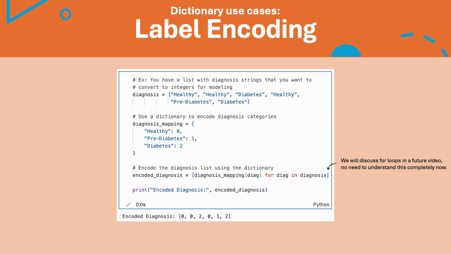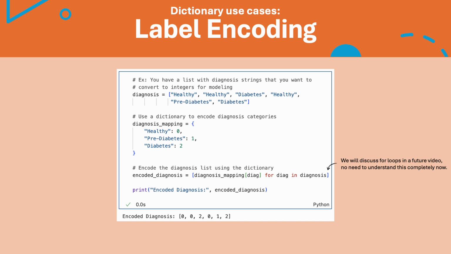So as an example here, we have whether or not somebody has diabetes, pre-diabetes, or a healthy diagnosis, and we'll create a dictionary so that we make sure that everyone who has a healthy diagnosis is given a value of 0, everyone with pre-diabetes is given a value of 1, and everyone with diabetes is given a value of 2. We often do this as well with presence or absence of certain features, like does somebody have a cardiovascular comorbidity or not?